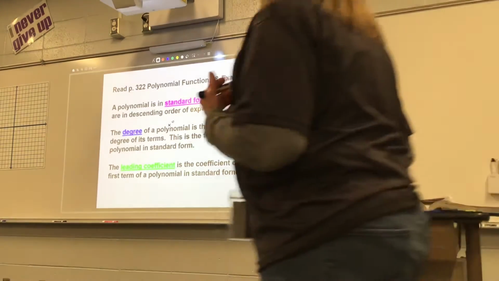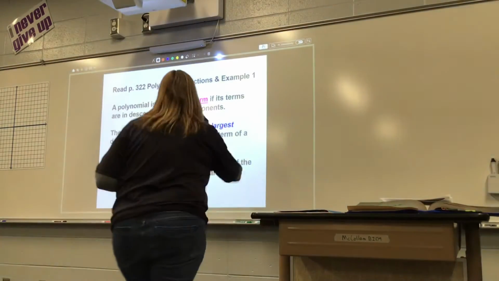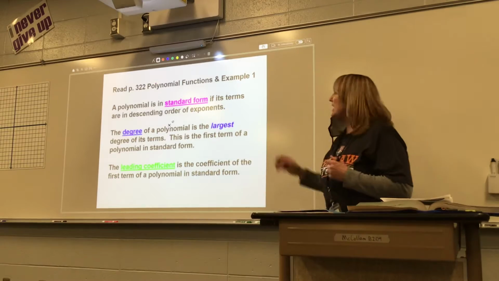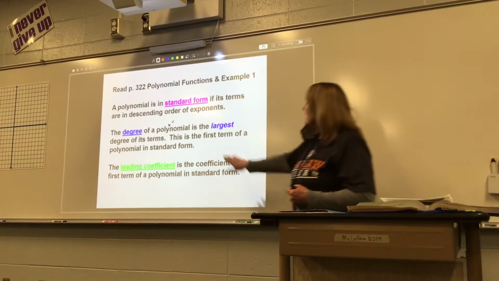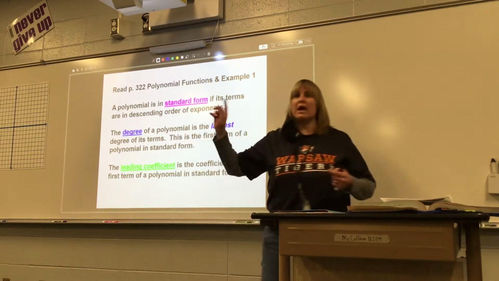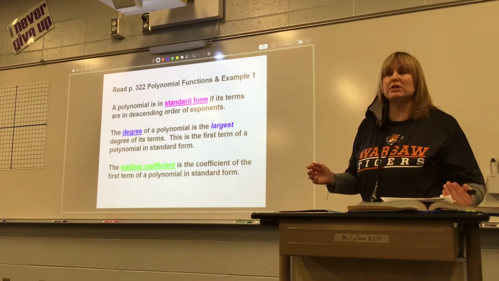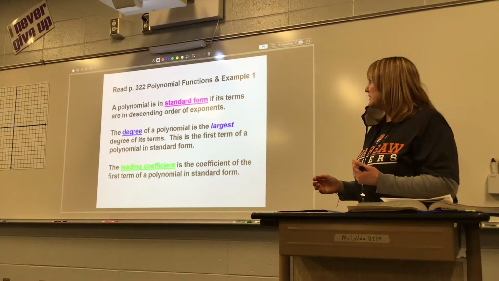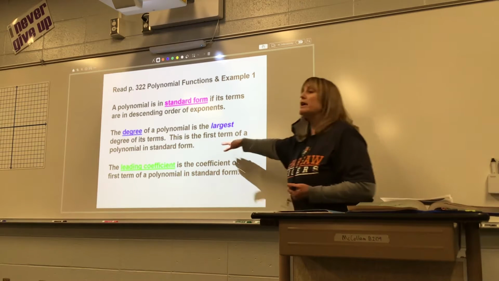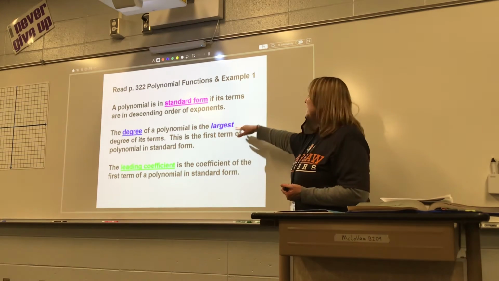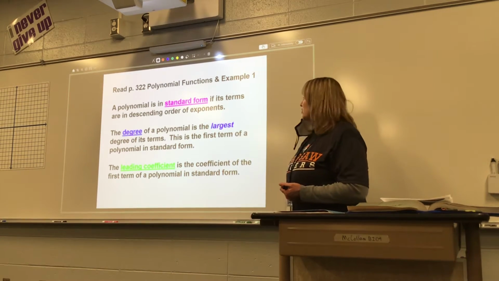A polynomial is in standard form if its terms are written in descending order of exponents, meaning highest degree exponent down to the constant term, which has a degree of 0. The degree of a polynomial is the largest degree of its terms.